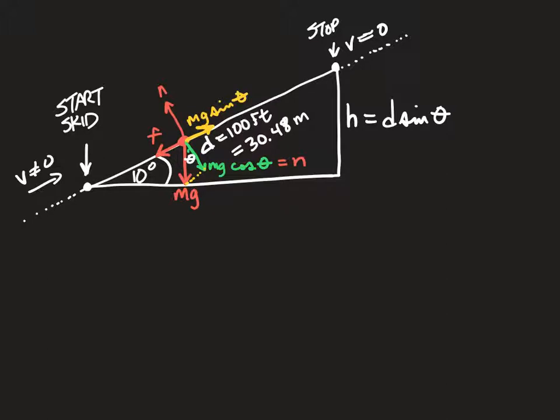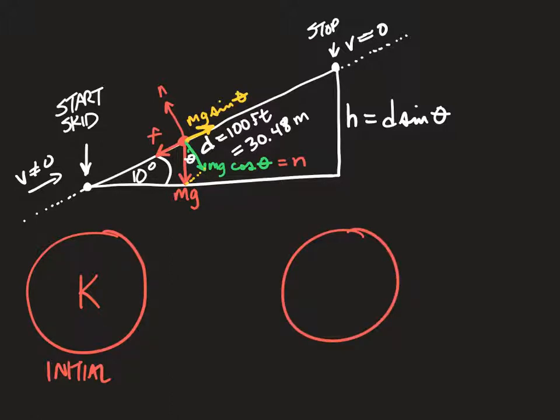All right? So initially, all you have is kinetic energy. The car enters the skid zone at a speed.